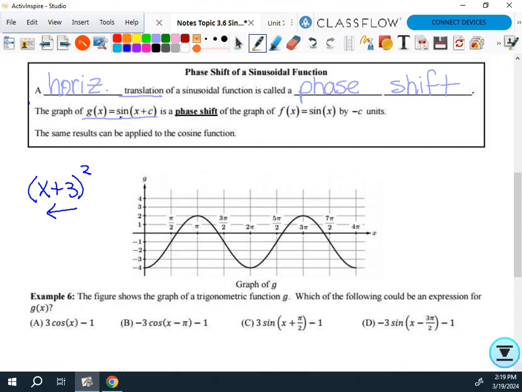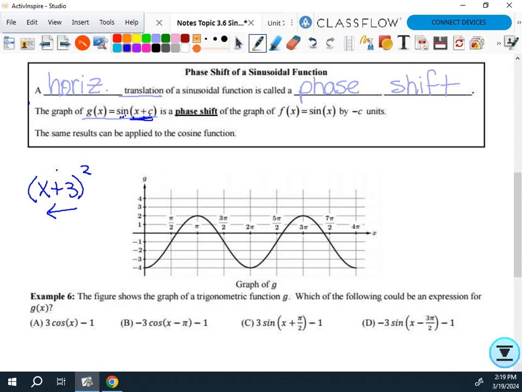If I asked you what is the c value, your answer would be -3, because we're going to the left 3. Does that make sense? If this equation is actually a positive 3, you see the difference there? Because this says x plus c. It's just a matter of you matching this with this and using the letter correctly.